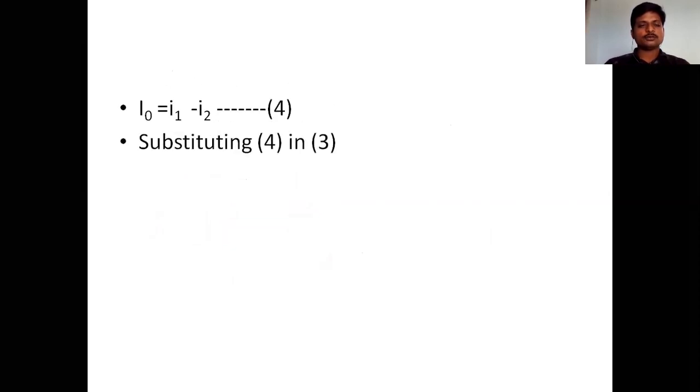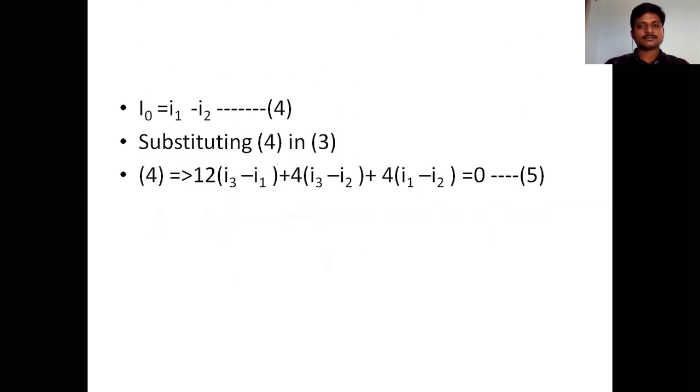If you substitute the fourth equation in the third equation, then we will get equation 5. So instead of 4 I naught, we will write 4 into I1 minus I2, as you can see in equation 5.